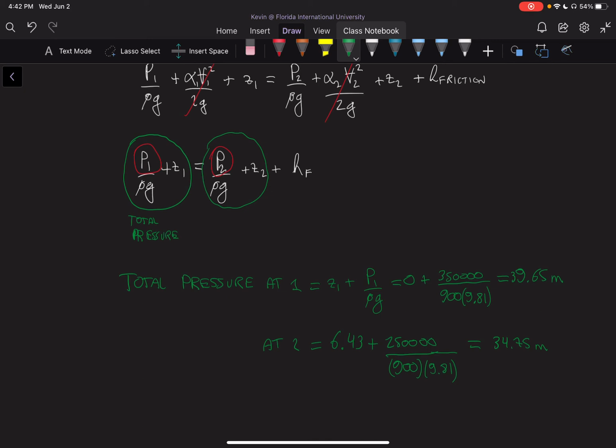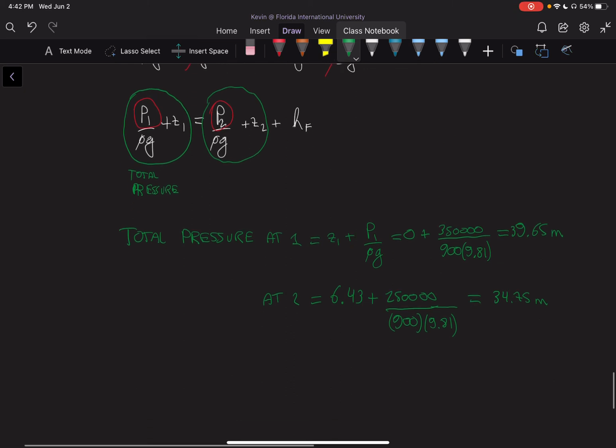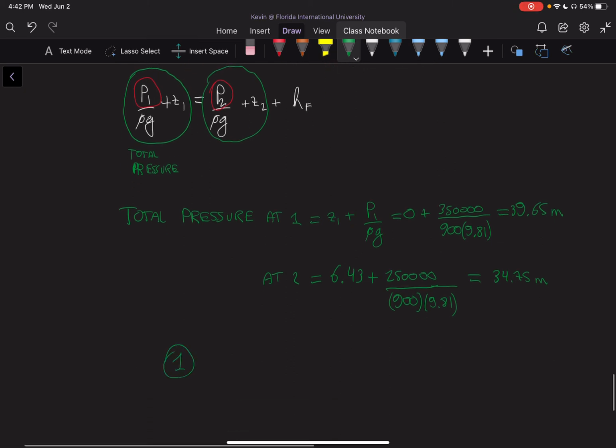Okay, so moving forward from that, we now have our two hydraulic grade lines. So we have our total pressure at 1 and our total pressure at 2. We see that the pressure at 1 is greater than 2. So we can say that therefore flow is going up. Okay? It's very important to take into account the height in that problem.